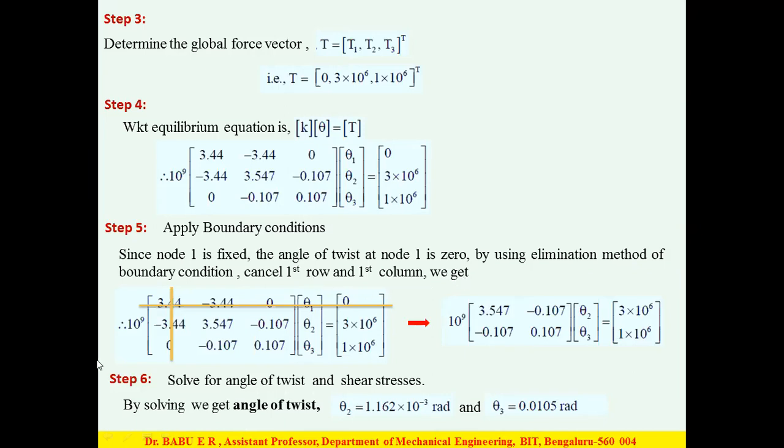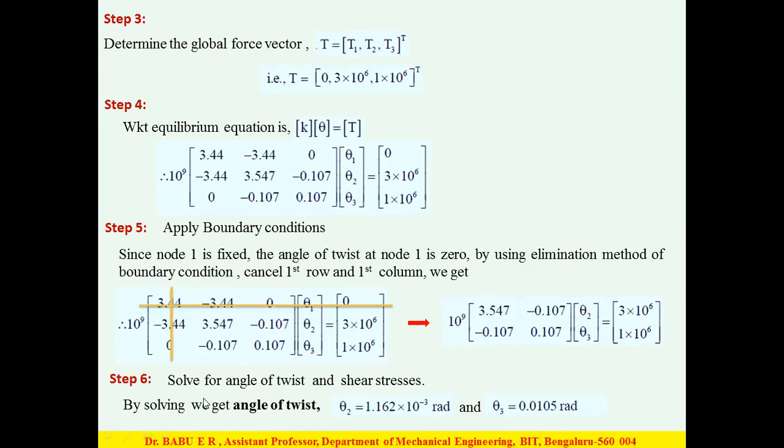When you cancel the first row and first column, we get the remaining terms: 10 to the power of 9 into 3.547, minus 0.107, minus 0.107, 0.107, into theta 2, theta 3, which equals 3 into 10 to the power of 6, 1 into 10 to the power of 6.